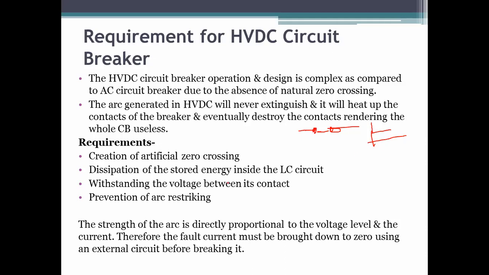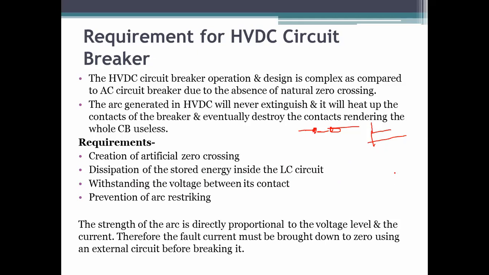Then the third one is withstanding the voltage between its contacts. We know that when the current becomes zero, at that time the voltage is at its maximum level. So if we maintain that highest voltage, then also we can extinguish the arc.